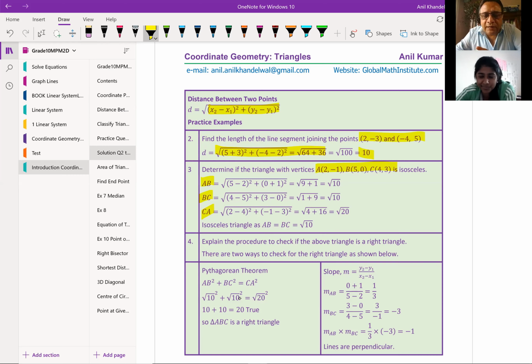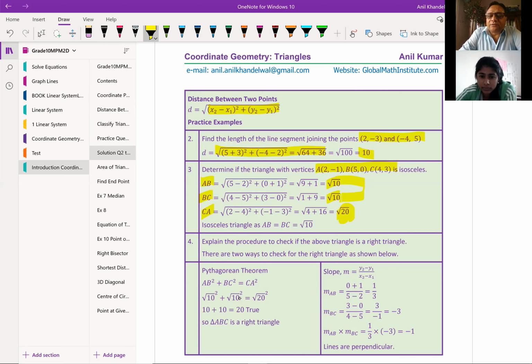Especially finding these square roots. That is why the distance formula is commonly used. But anyway, keep doing it, and then you get these lengths. And of course, we have got 2 of them the same. So that really means that it is an isosceles triangle. And what we also discover is a square plus b square is c squared, right? That means it is also a right triangle. Perfect. 10 plus 10 is 20.